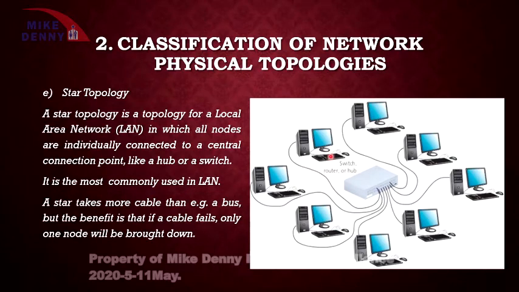We have this connecting all the computers in the lab through a switch. So when a link is broken, it is only that device that is affected, and the whole network, the whole system, can still continue to work. So it's very interesting, right?